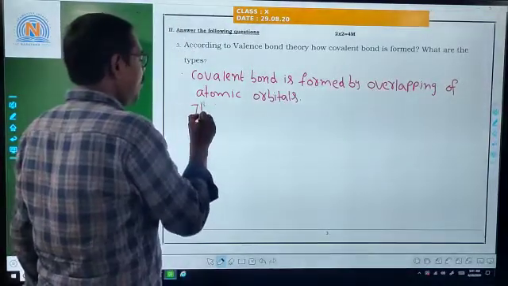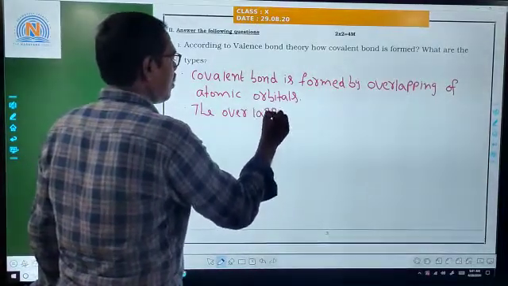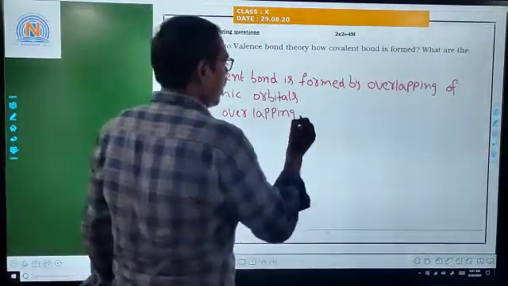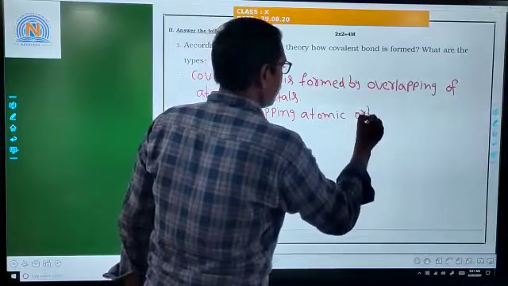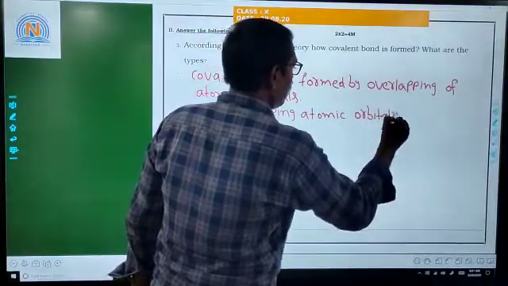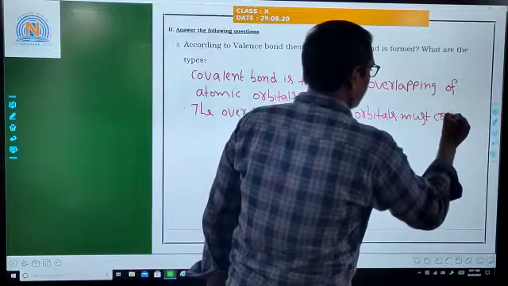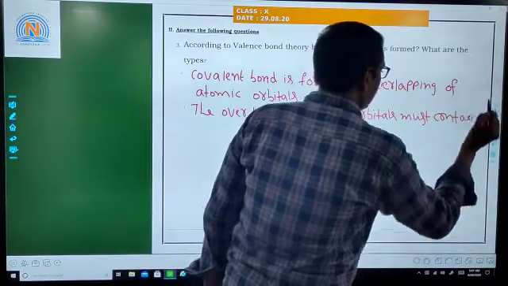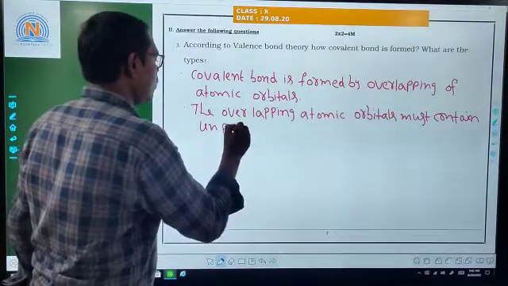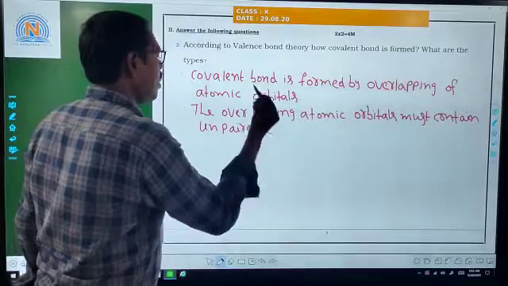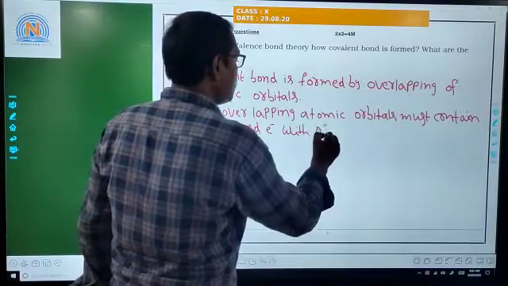The overlapping atomic orbitals must contain unpaired electrons with opposite spin.